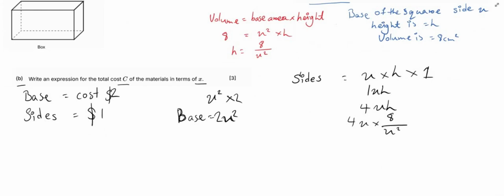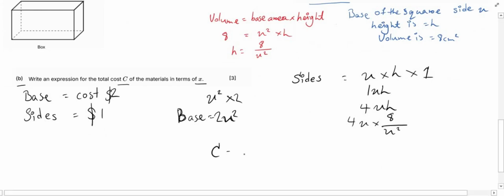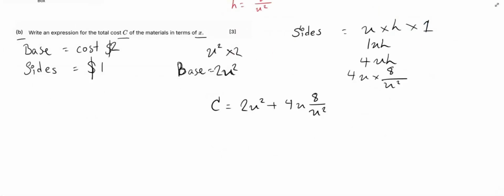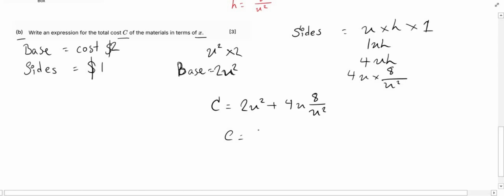So our final cost will be C equals 2x squared plus 4x times 8 by x squared. If we simplify this, it will be 2x squared plus 32 by x, if we cancel the x and x. So this is the final answer.